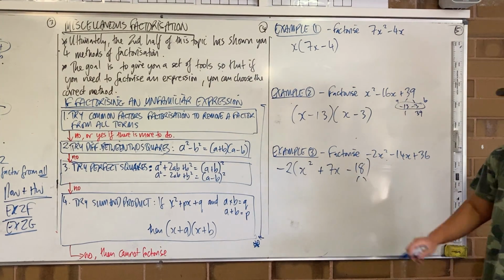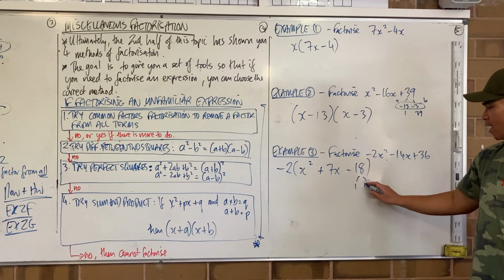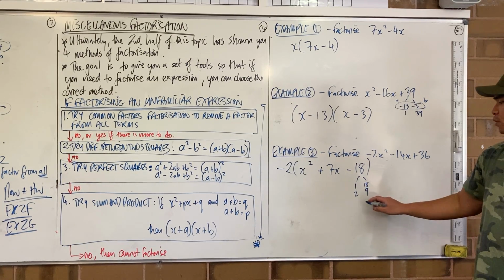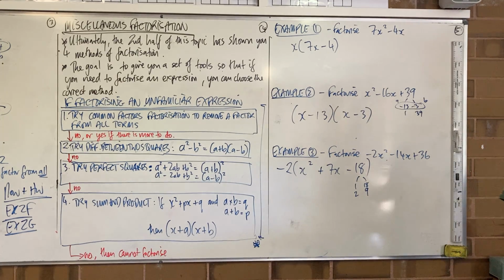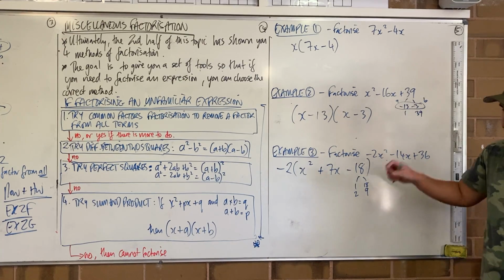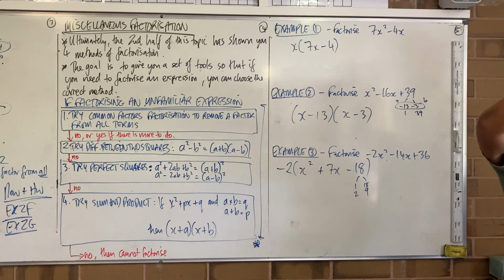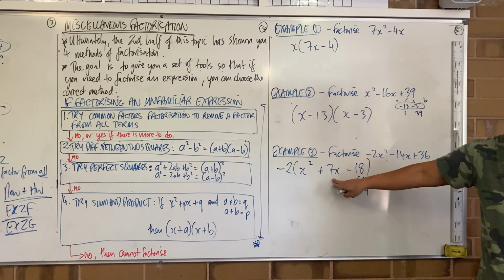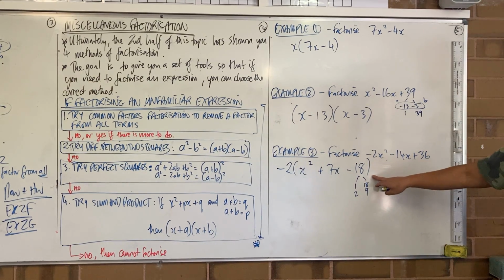What numbers can I times together to get 18? 1 and 18. 2 and 9. Do I need to go further? There's 3 and 6. But if you think, you don't have to list them all. You know how people have a lazy eye and they're looking in two different directions? One of them could be looking at this, and the other could be looking at this.